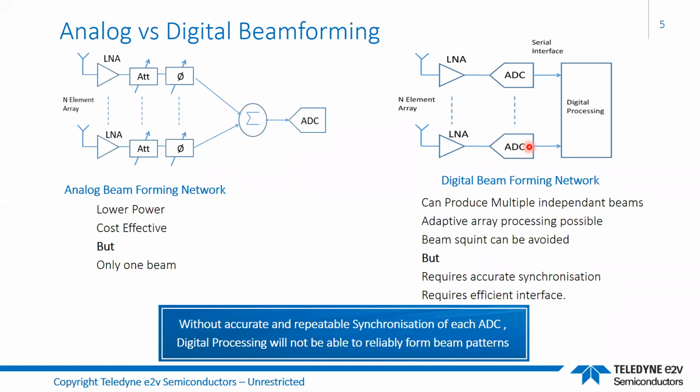And so an efficient serial interface is also a prerequisite for this kind of system. So as a summary for this slide, without accurate and repeatable synchronization of each ADC in the array, the digital processing will not be able to reliably form the beam patterns.